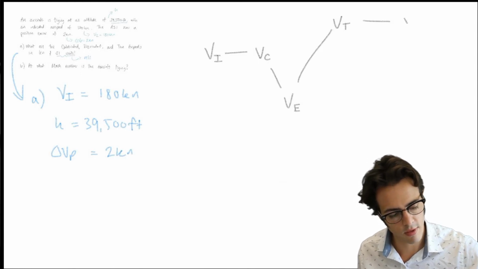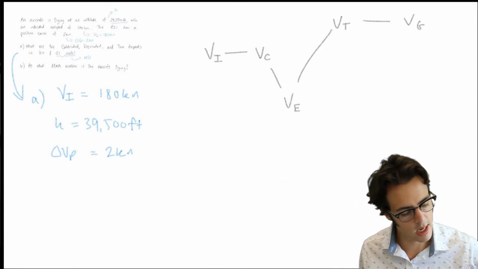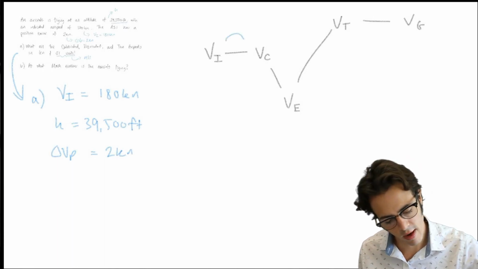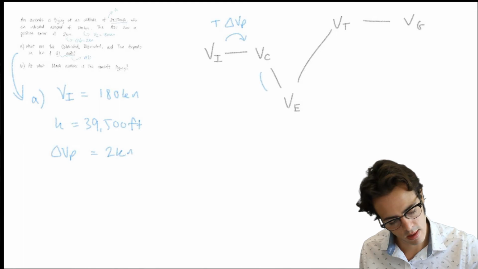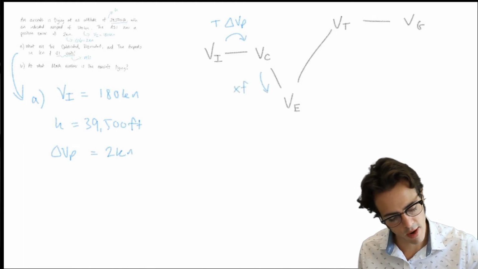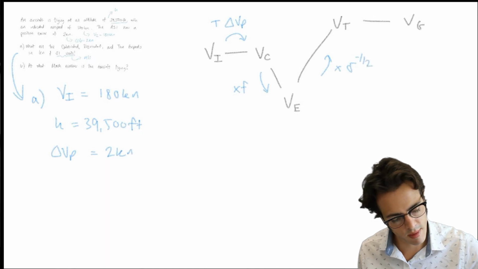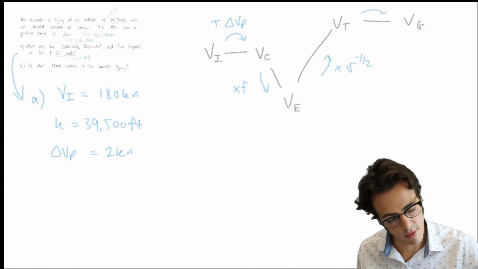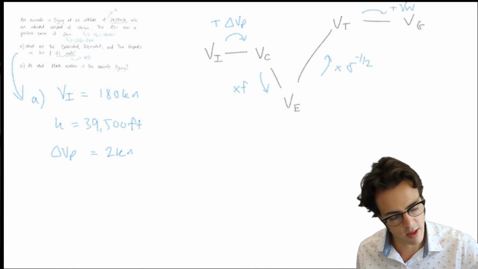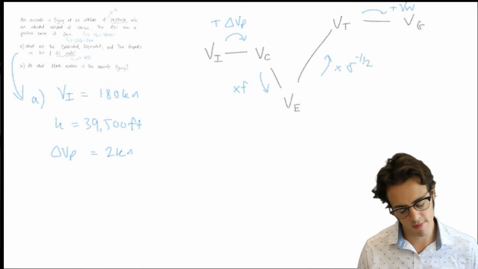We're not actually asked for ground speed in this, so we can write it in anyway, and then we can just remember that our corrections are delta VP multiplied by the pressure correction factor multiplied by the square root of 1 over sigma, and then if we were doing it we'd be adding on wind speed, but we're not asked for that in this question.